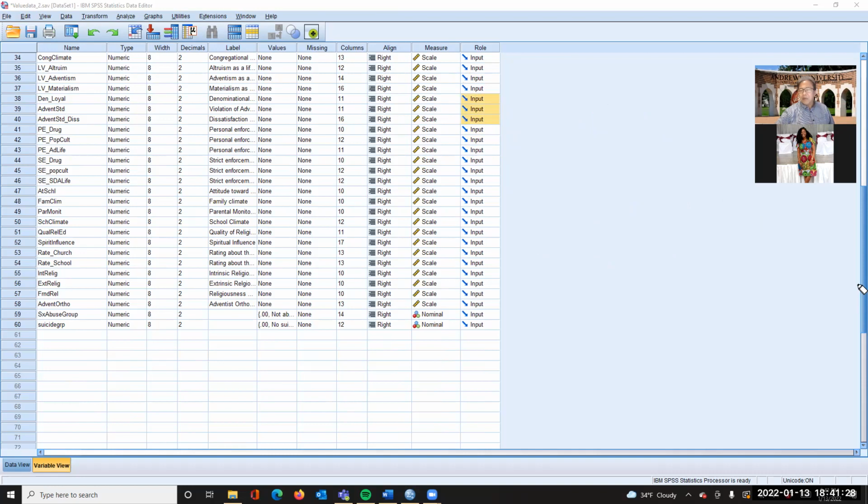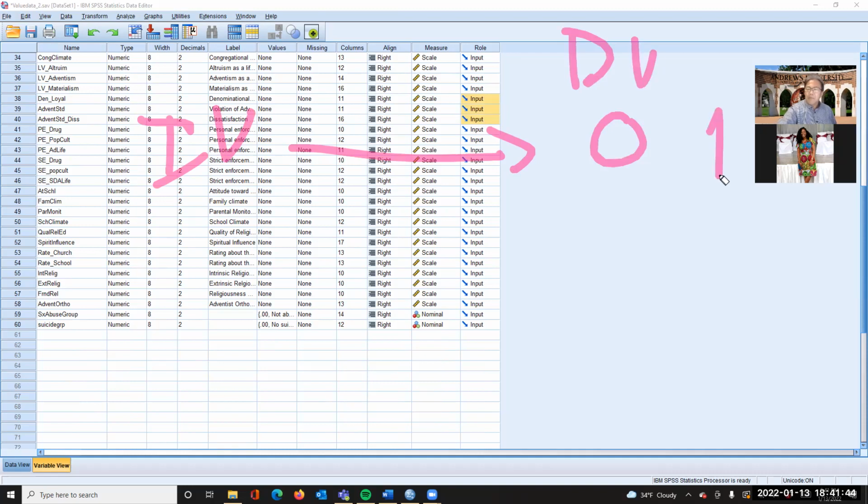Now, as in multiple regression analysis, we want to make sure that our independent variables, in fact, do explain suicide attempts. This is our dependent variable, suicide versus non-suicide. In other words, you have to conceptually make sure that your independent variables, whether categorical or continuous, would be related to the dependent variable.